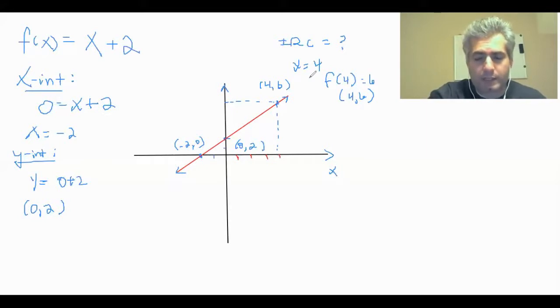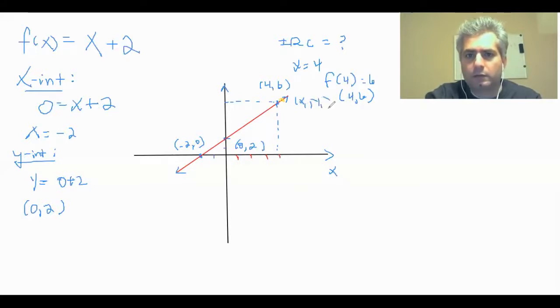We're trying to get an exact value. So we're going to choose a point very close to (4, 6), and we'll call it (x1, y1).